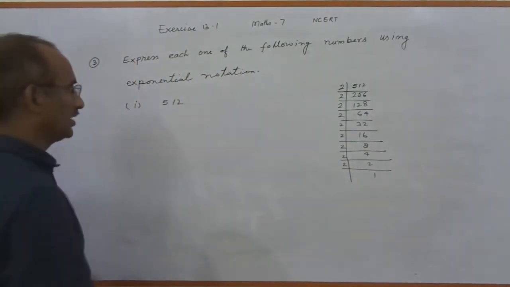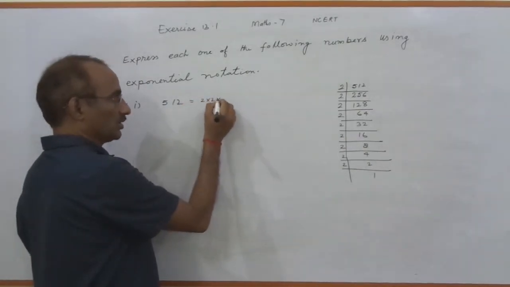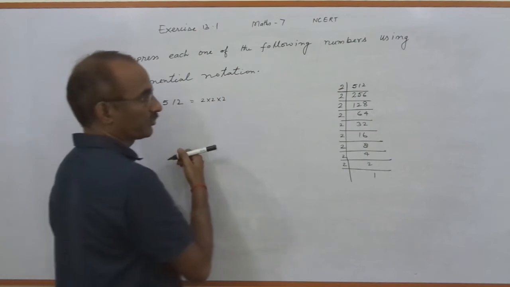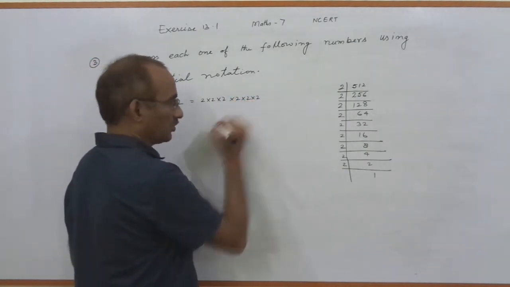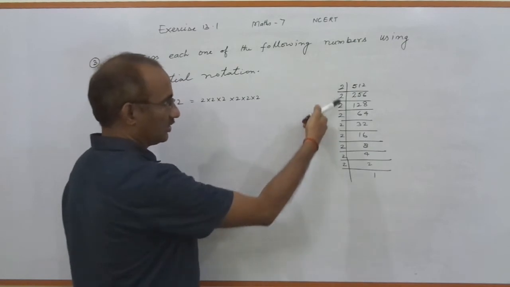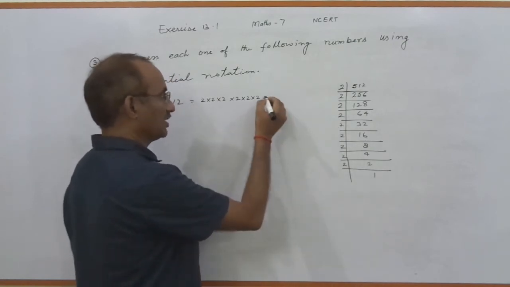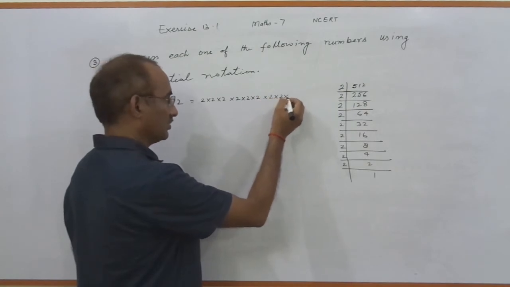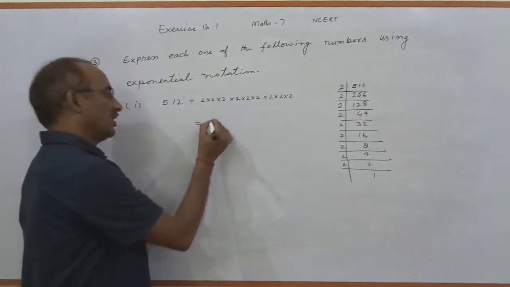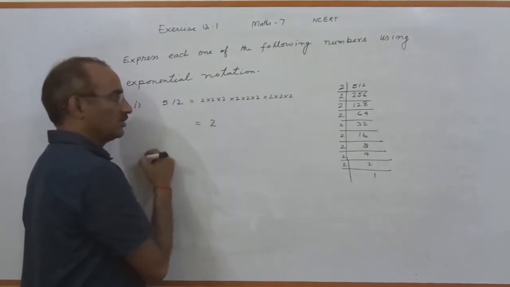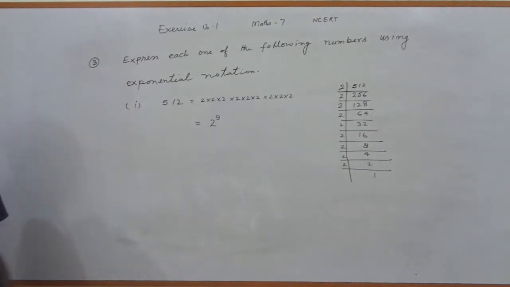The prime factors of 512 will be 2 into 2 into 2 and so on, 9 times. It can be written as 2 raised to the power of 9. So this is our answer.